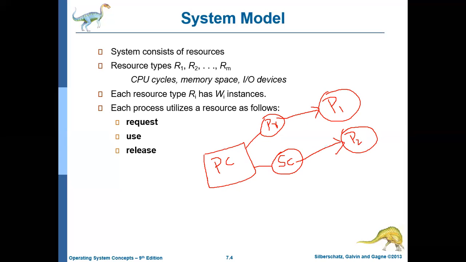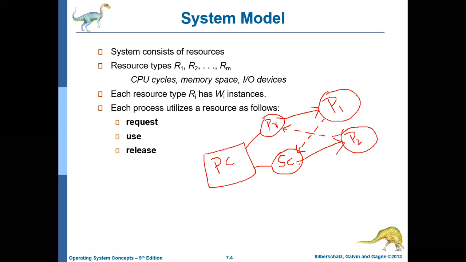Now say that process P1 needs the scanner before releasing the printer. Similarly, process P2 needs the printer before releasing the scanner. Now what will happen? P1 is holding the printer and waiting for the scanner.